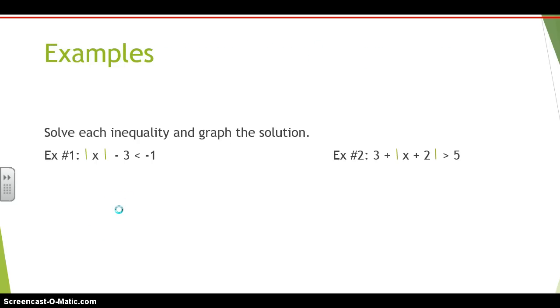So example number 1, we're going to solve each inequality and graph the solution. So, steps to think about. The first step is we need to isolate the absolute value.